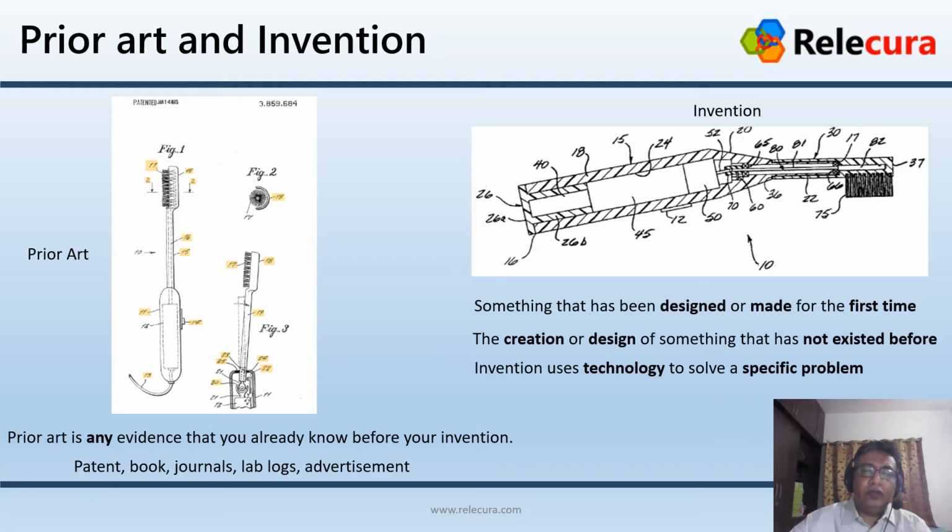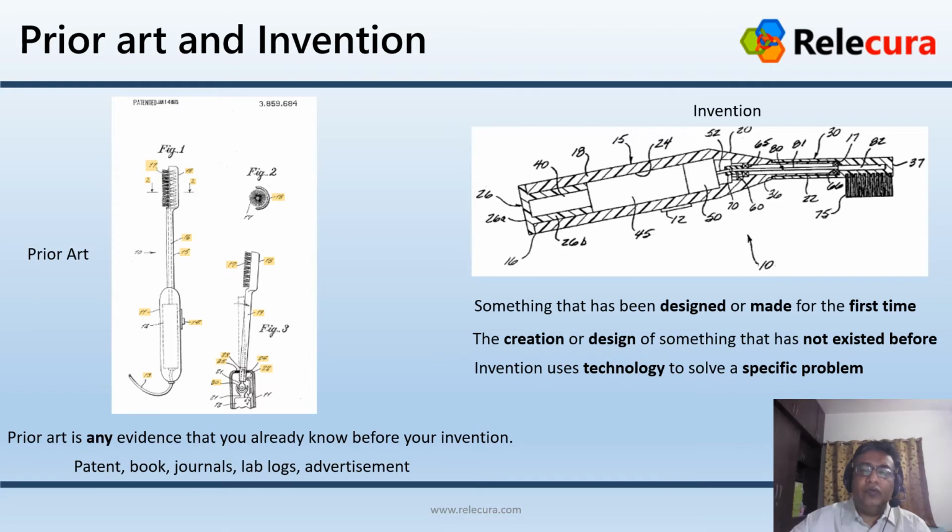In order to solve the problems related to this toothbrush, mainly if there is no electricity, how you are going to use it, a new invention has come up where the toothbrush has batteries inside. This is a wireless toothbrush because the batteries are coupled inside. So if there is no electricity, you can do brushing.